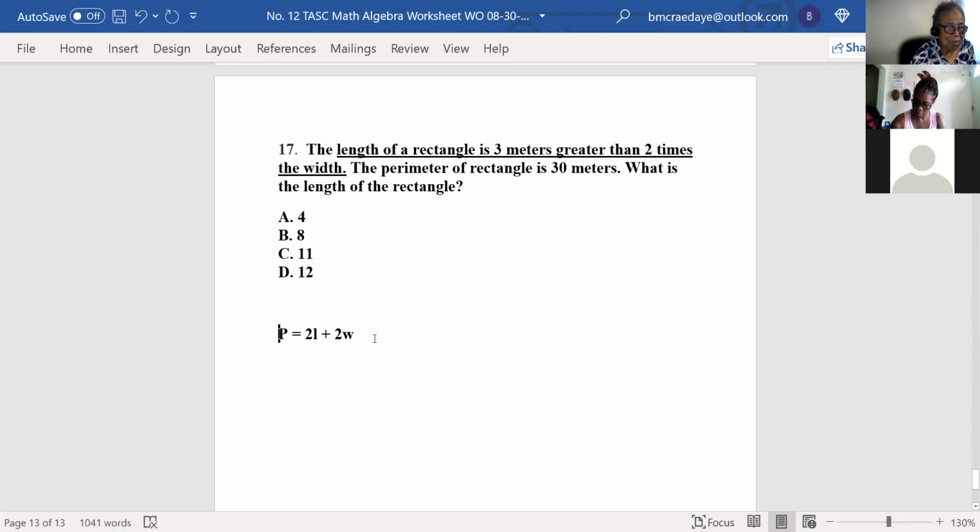So the length, what is length equal to, Vanessa? I'll change this to a capital L so it won't look like a 1. L equal to, so translating: length is equal to 3 meters greater than 2 times the width. How would you write that?